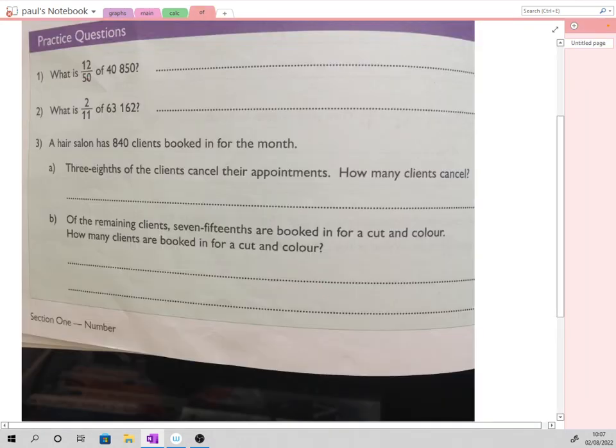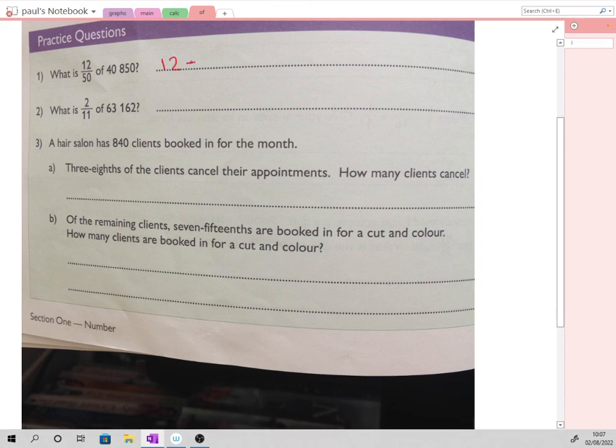What is 12/50ths of 408? So in your calculator, 12 divided by 50 times 40850.